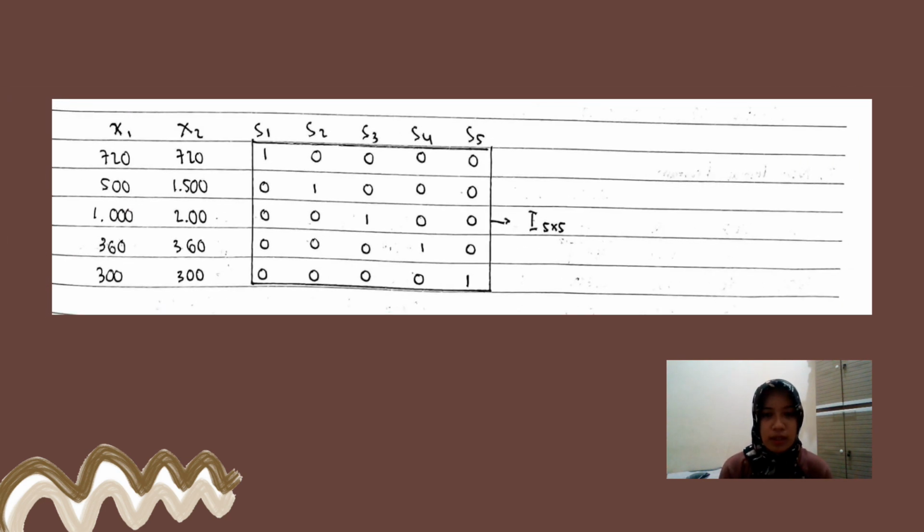Then we change the constraint functions into a matrix, and the initial program or iteration will be explained by my friends.